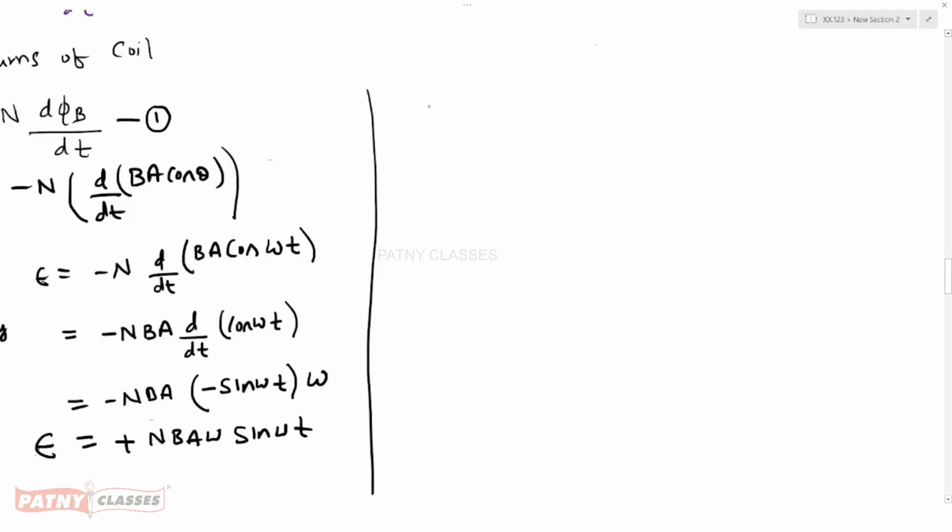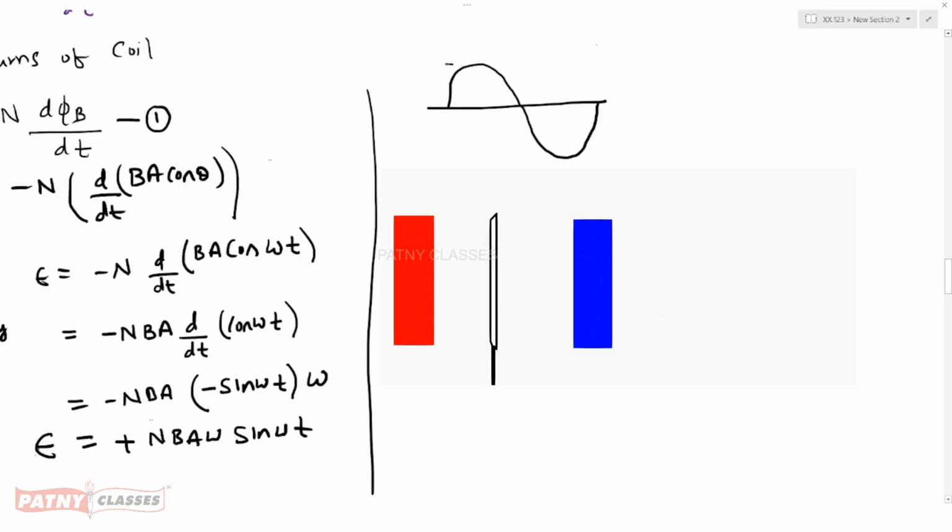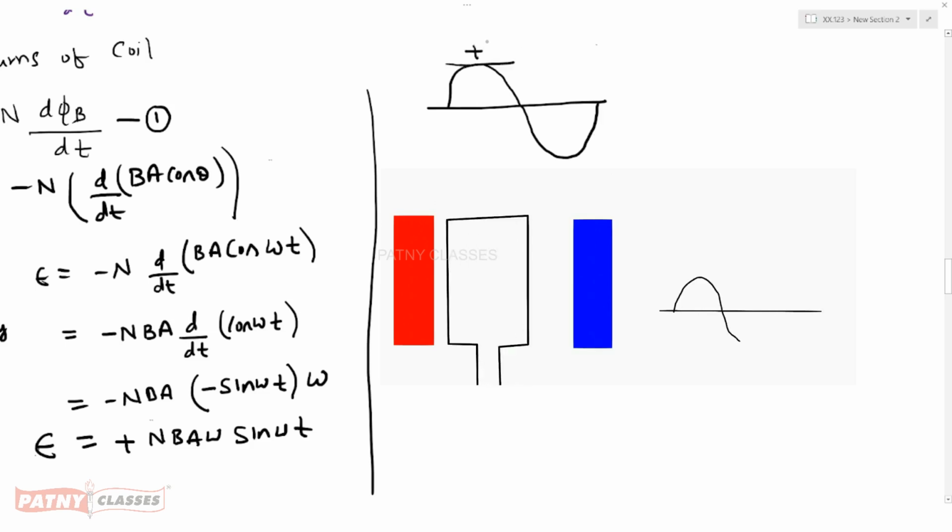Now as the coil is rotating in the magnetic field, a sine wave is developed. This is the maximum value of the sine function, that is plus 1, and here also the maximum value of the sine function, that is minus 1 on the negative side. So the sine function varies between plus 1 and minus 1.